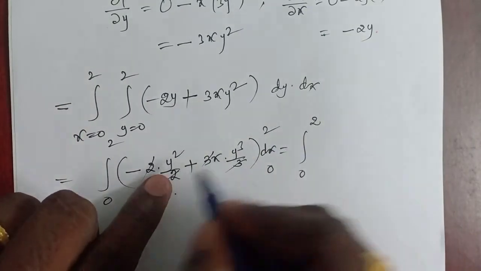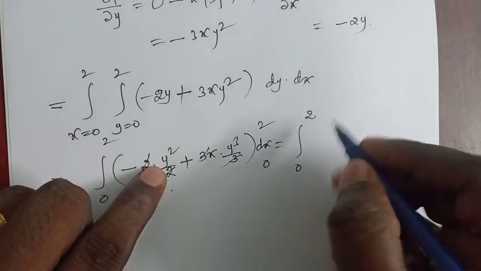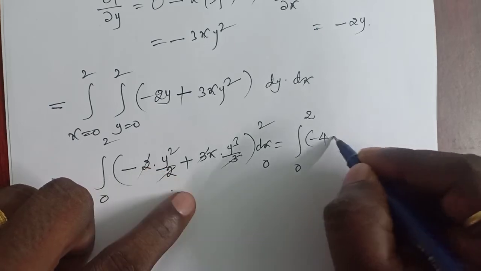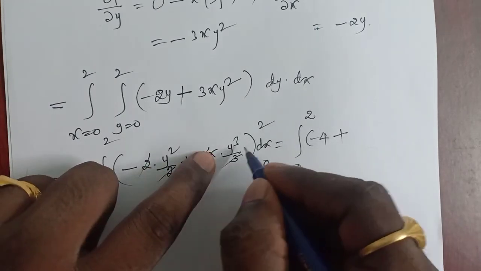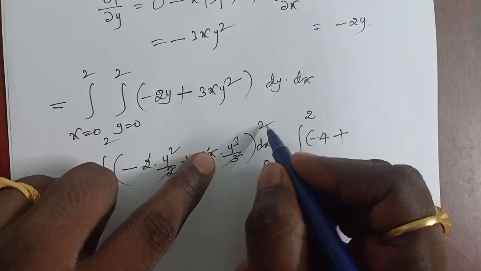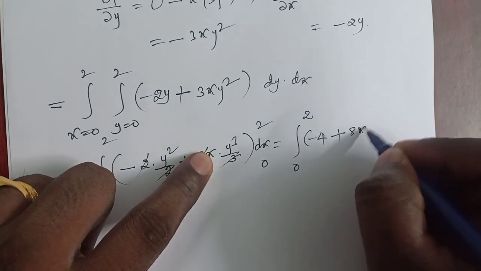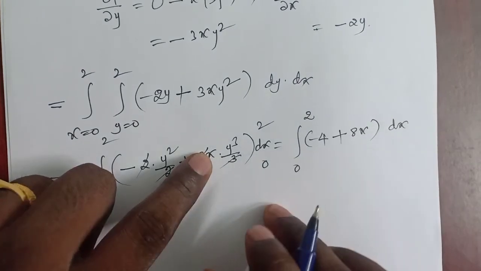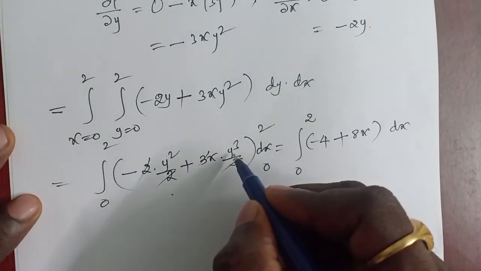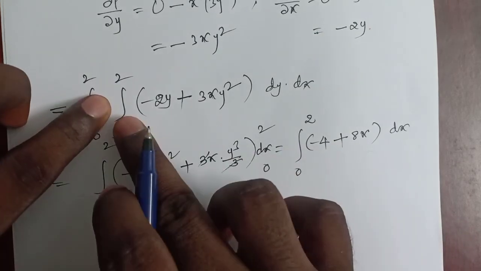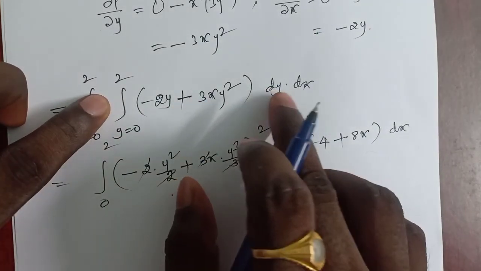What we get: for y square, 2 square is 4, minus 4, plus x into, we need to substitute in place of y only, 2 cube, it is 8x into dx. Why? Because it is the first integral, with respect to y.